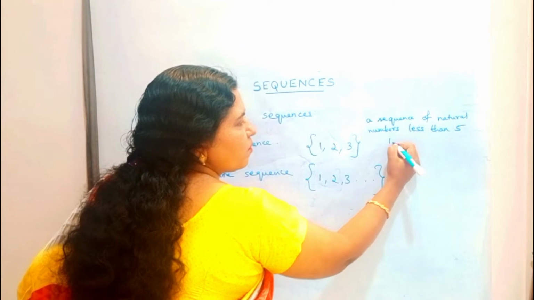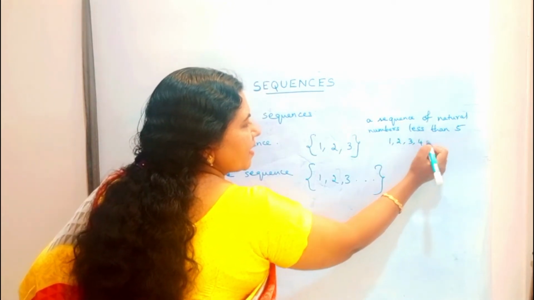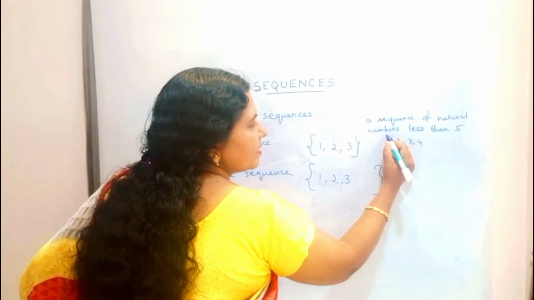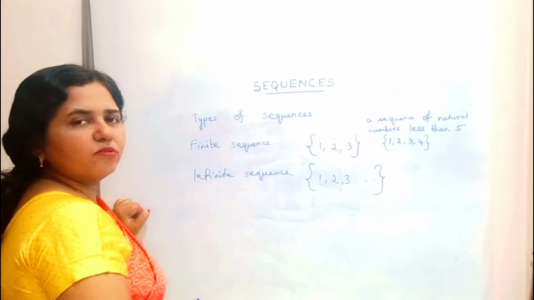So the sequence is 1, 2, 3, 4. We cannot consider 5 because here it is less than 5. So the sequence will have all these numbers, that is 1, 2, 3 and 4.